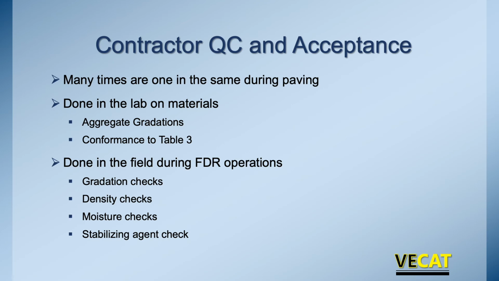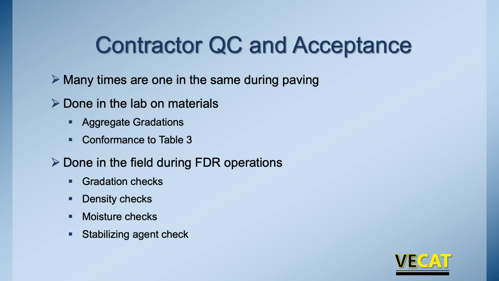Contractor QC and acceptance many times are one and the same, depending on the paving process. Could be they're just doing a lot more QC than actual acceptance. We have to do density testing twice a lot. QC, they might do it 5 times in a sublot. We're doing it in the lab on the gradations and conformance to Table 3, which is our job mix formula and the requirements.